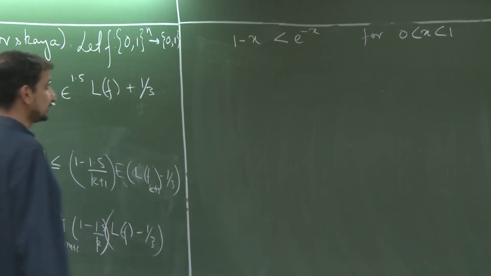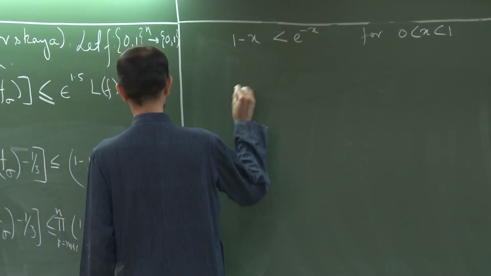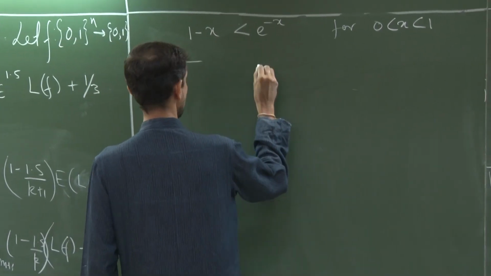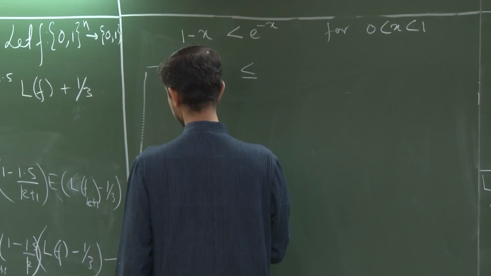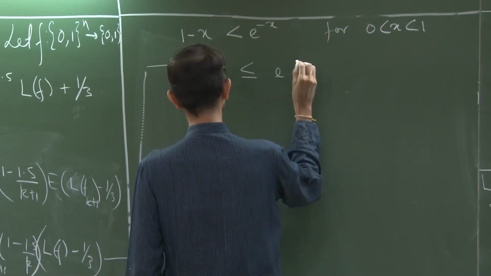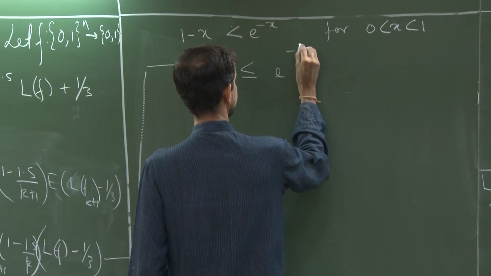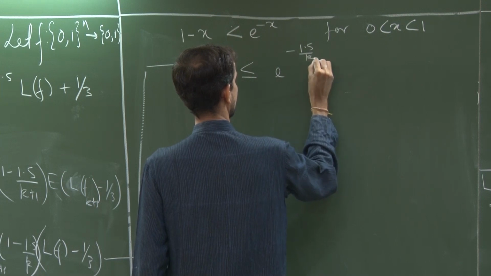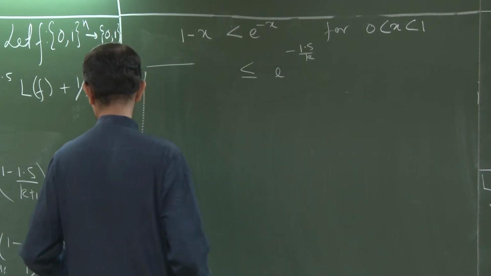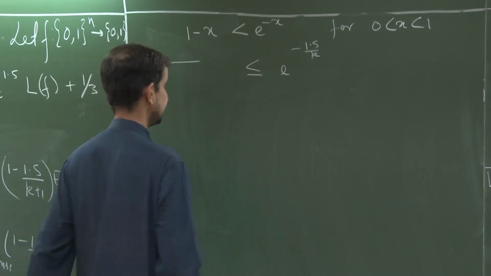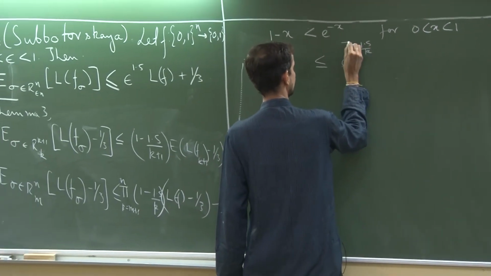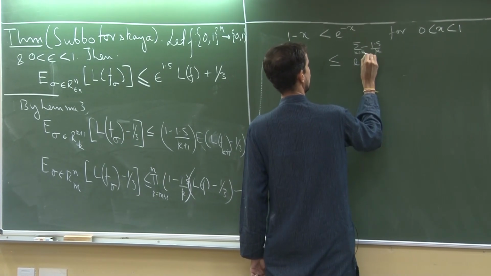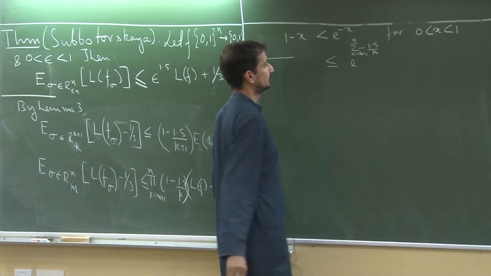Therefore, this quantity over here becomes less than or equal to e to the power minus 1.5 by k, and because it is in the exponent now, this is summed over k going from m plus 1 to n.